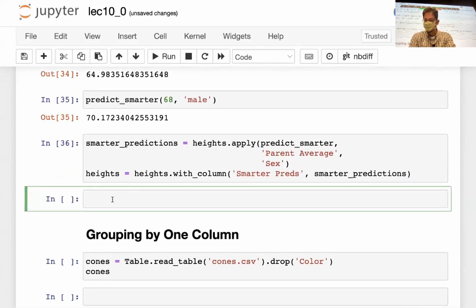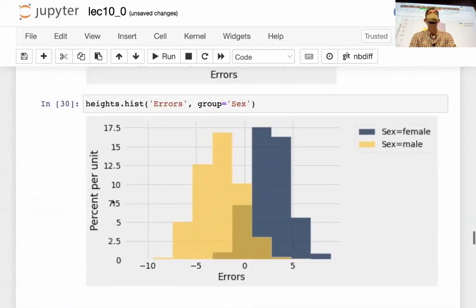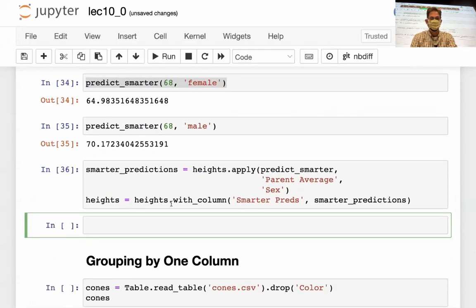We claimed they're smarter. Oh, how do we know that they're smarter? Well, one thing we can do is look at the errors, right? So now we have errors that come from applying the difference function to the difference between the truth. Well, let's do the smarter prediction. Smarter is not a word here, smarter prediction.